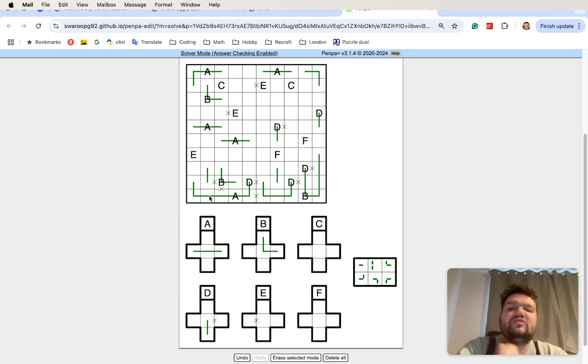Here I have only one way to continue the loop. And this is a corner now, and this is a corner now. So for ease, we also enter from below.